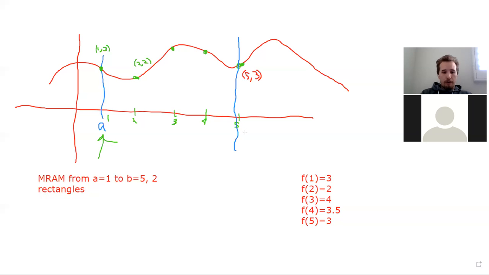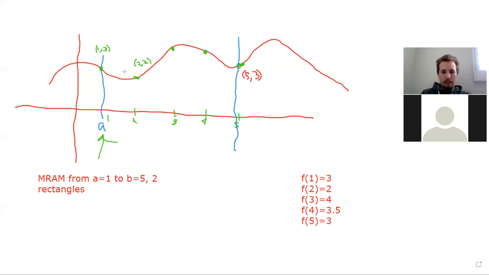So we're going to go from 1 to 5 with 2 rectangles. And don't worry, Miss Rose will always give you the midpoints, or she will give the function and you plug into the function to find the midpoints, but you will always have a way to figure out the midpoints. So don't panic over that.